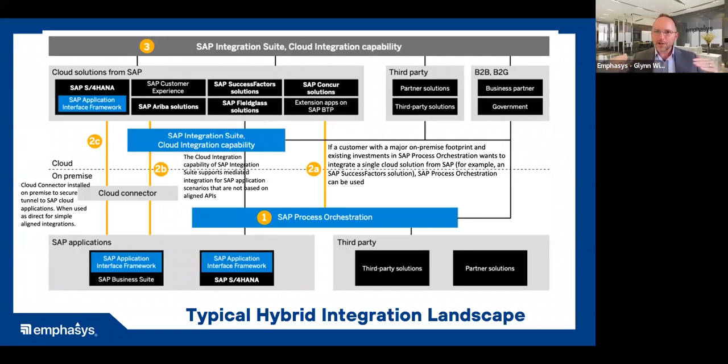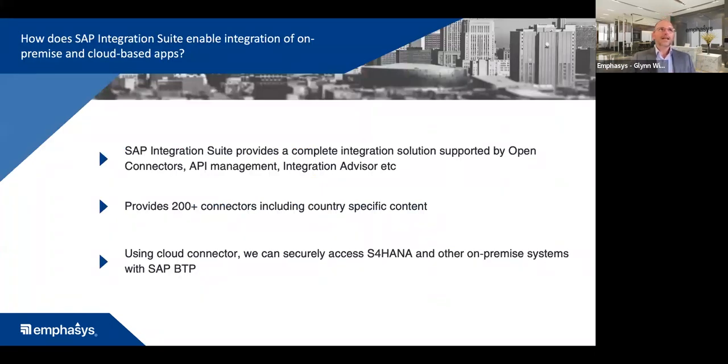Again, you might wish to leverage your PO and use the integration that you've got in PO for as long as you want, sweat the asset, and then move to integration suite over time. So it's an example. A little bit about the integration suite is that with the 200 plus connectors, including country-specific content, it is definitely an accelerator for you. And the Cloud Connector securely gives you access between on-prem and the integration suite in BTP.